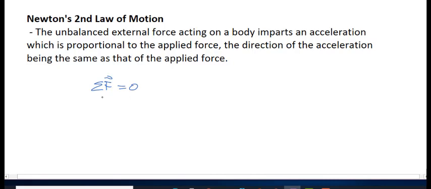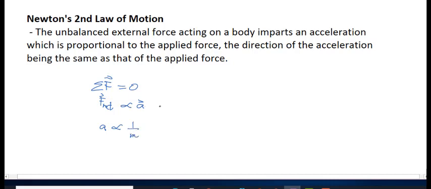So this unbalanced force, or the F net, causes an acceleration to the body. This acceleration is directly proportional to the magnitude of the net force. And how about the mass? The mass is inversely proportional to the acceleration.